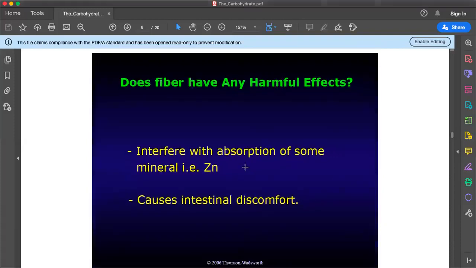So do fibers have any harmful effect? Of course. If you are eating an excessive amount of any substance, we always expect some kind of side effect. So in terms of absorption of some minerals, do fibers interfere with the absorption of minerals such as zinc?